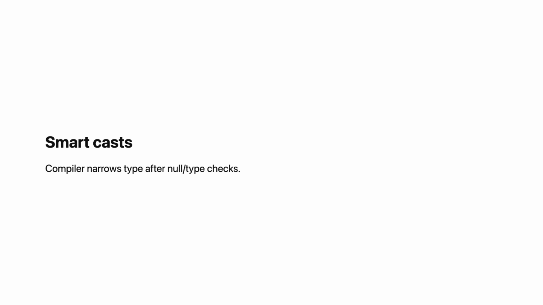If obj is String, then inside the if, obj is treated as a String. Smart casts work in when: x is String -> x.length, is Int -> x + 1. For smart casts to work, the variable must be immutable or local. The compiler must be sure the value did not change.